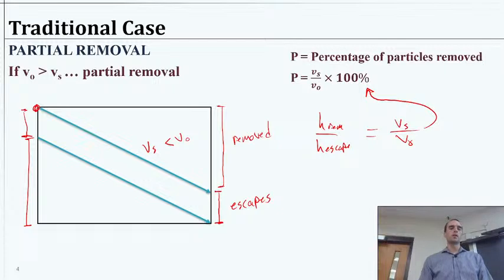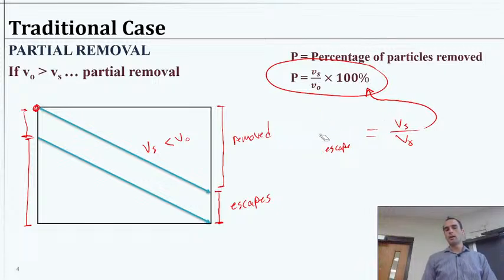The bigger picture here is that if V naught is all of them removed, and Vs happens to be some part of them removed, that part divided by the total removal would give us the right answer here. So it feeds into that, even if I have this explanation slightly off, because maybe we need to look at the height divided by total height. I think that might be a little more accurate.